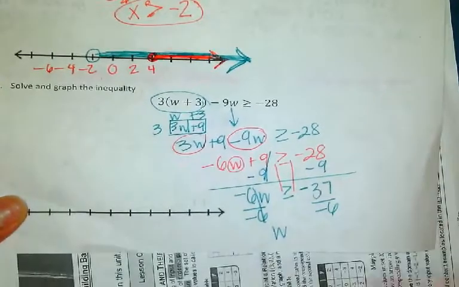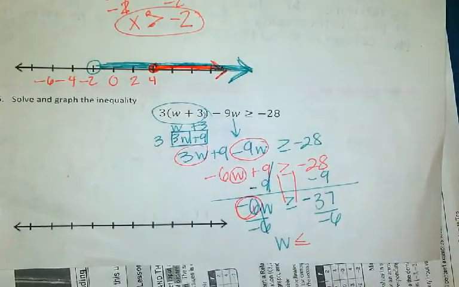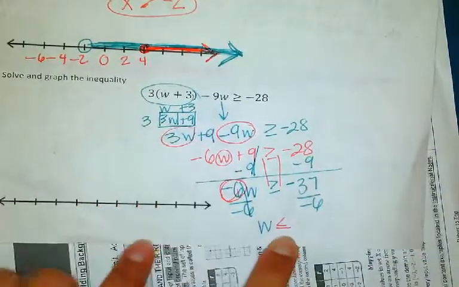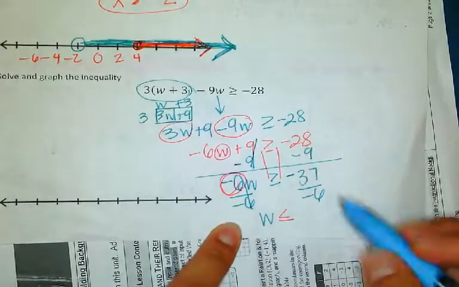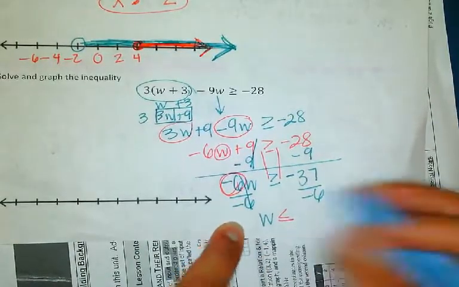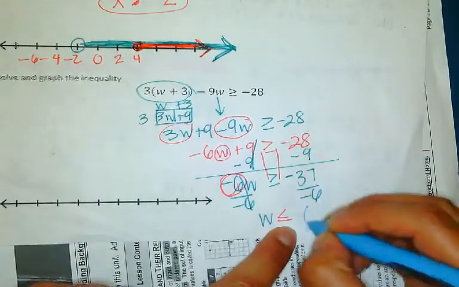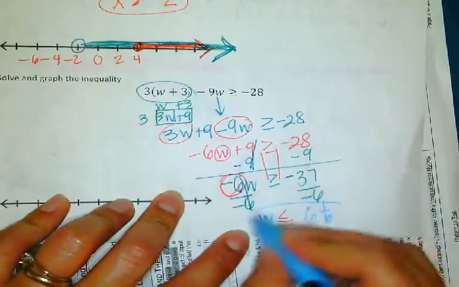Over here, because my coefficient was negative and I divided by a negative, I'm going to have to switch the sign. And then over here, you can leave it as a fraction, or you can simplify. Since you're graphing it, you can also leave it in mixed numbers so that it's easier for you to know where to graph it. So this would be 6 1/6, and negative divided by a negative would be positive.